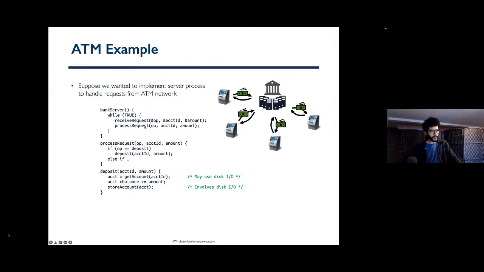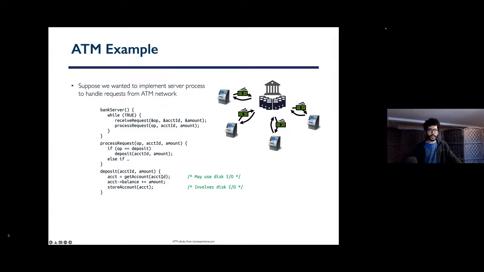And here is the code for processing a request. We say, okay, if the operation is deposit, then I deposit to this account this amount. If it is some other operation, then I do those operations. If you want to do deposit, then we read that account. This might go to I/O, right?